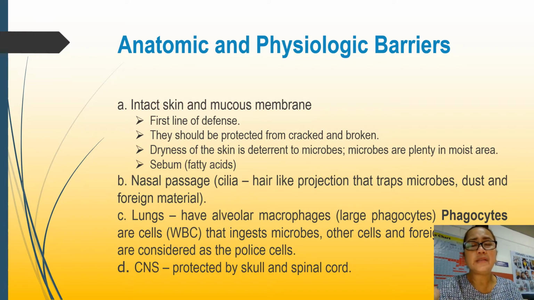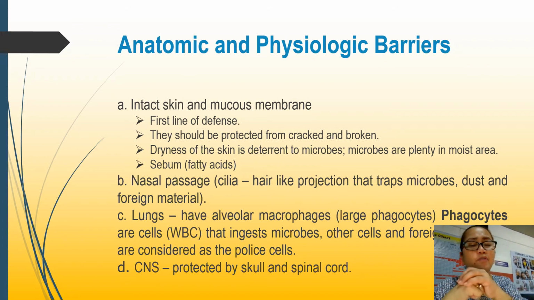Inside your alveoli, you are protected by your phagocytes, which are your active WBCs, or your police cells, which try to ingest the microorganisms that gain entrance. For example, this is your phagocyte, and this is your microbe. The phagocyte is going to engulf it and contain it, coating it, causing the microorganism to become non-infectious.